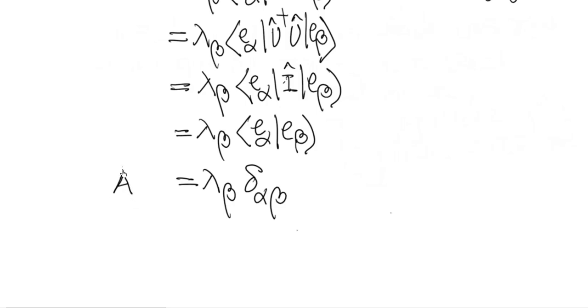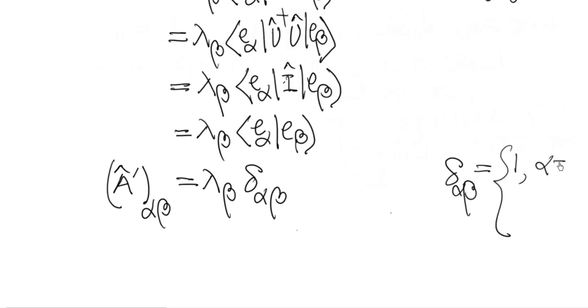So we have found, you see, the new or transformed operator A prime is diagonal. Because delta alpha beta is the Kronecker delta, which is equal to 1 when alpha equals beta, and 0 when alpha is not equal to beta. So ultimately the operator A prime has been diagonalized.